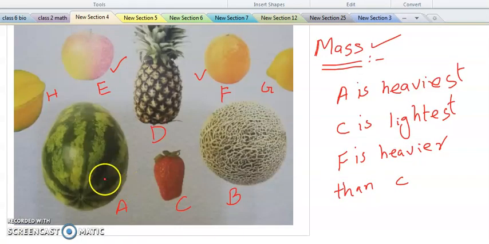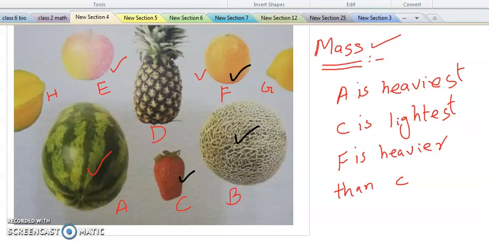For example, the object A is heaviest, so I will say it has more mass than all other objects shown in the picture. Object C is lightest, so I will say it has less mass than all other objects. And if we compare B and F, I can say B is having more mass than F.